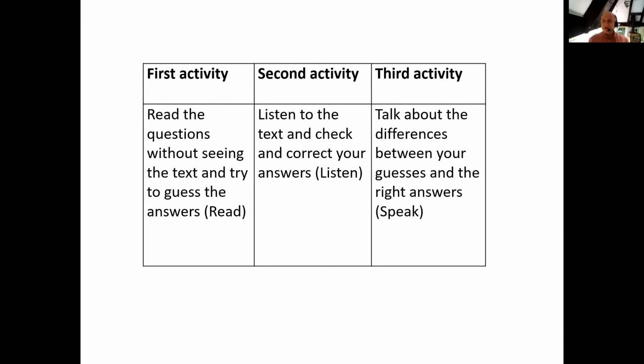And the third part of the activity is that they work in pairs, and then they compare the differences between their answers and the right answers and discuss them with their partner in the pairs. So you see the same piece of content is worked on 3 times, but in 3 different skills: the skill of reading first, the skill of listening, and then the skill of speaking.